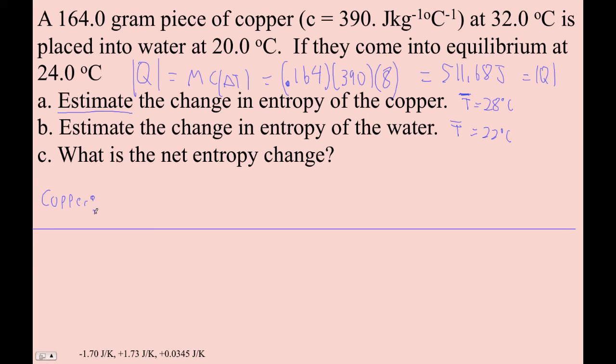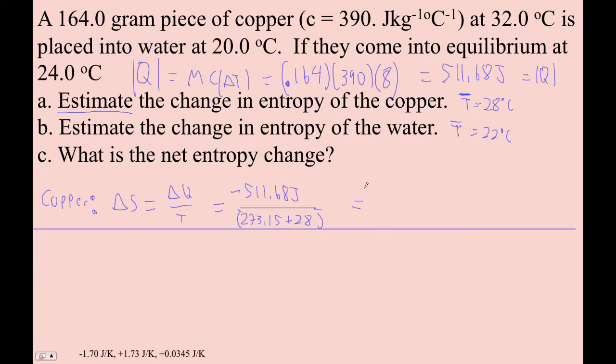Okay, so for the copper, our change in entropy is Q over T, right? So it's minus 511.68 joules, divided by its average temperature, 273.15 plus 28. And this will be a negative change.